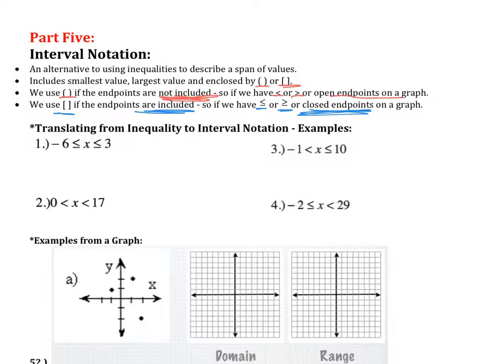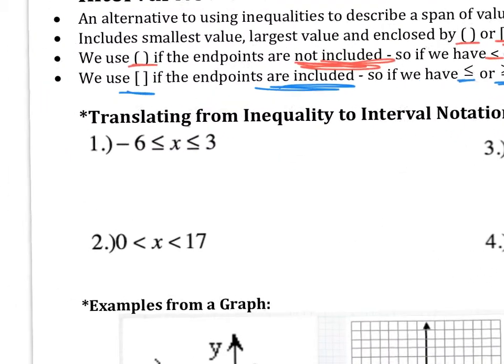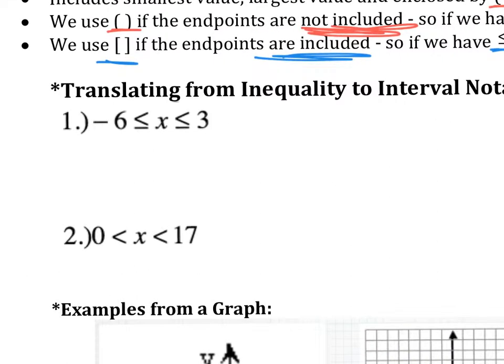So for 1 through 4 here, we are just going from inequality to interval notation. The first thing that we did in class is we took a look at the numbers. So we said, okay, we're going to have a -6, 3. So we're just getting those from there.